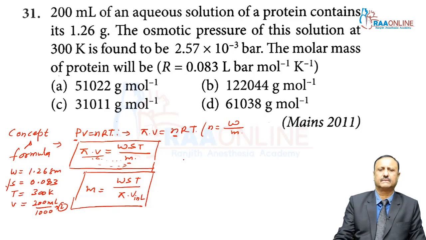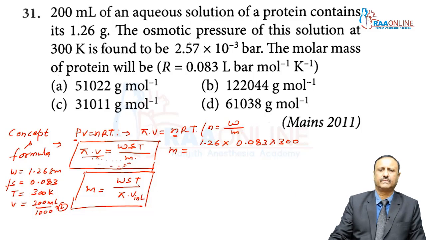Now, we can put the values in the formula. Small m is equal to W, W is 1.26 multiplied by S, which is 0.083, multiplied by the temperature 300, and divided by 200 upon 1000.